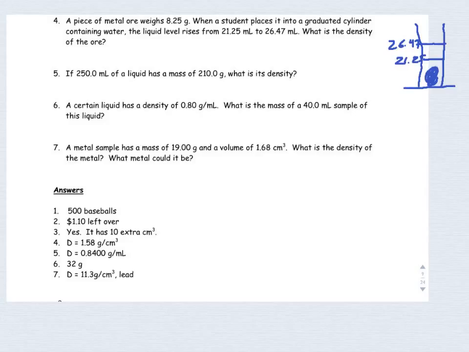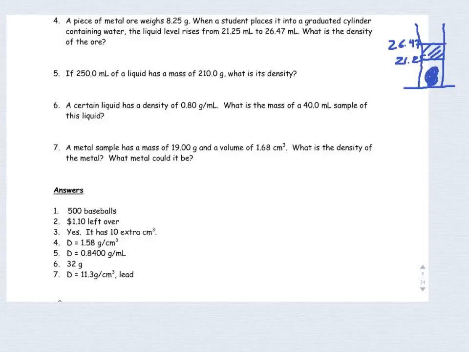So the displacement from 21.25 to 26.47, that extra bit that went up, is obviously the result of adding the metal ore to the water. If you subtract those two volumes, the final volume minus the original volume, you would get the difference in volume of the ore: how much the ore made the water line move up.